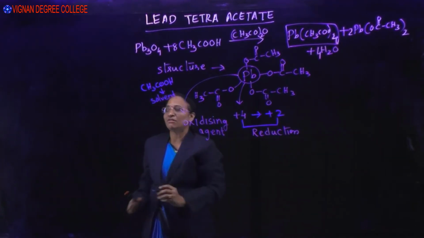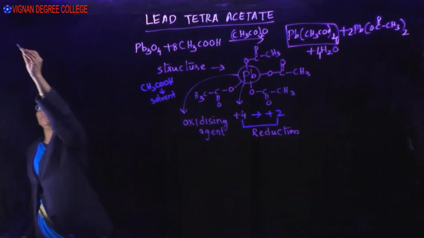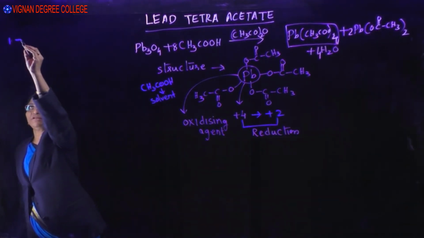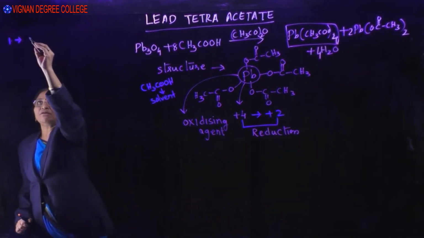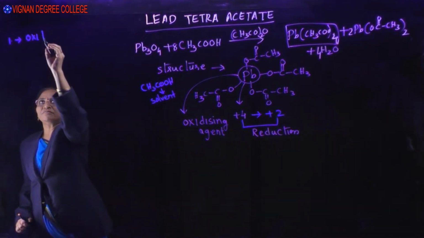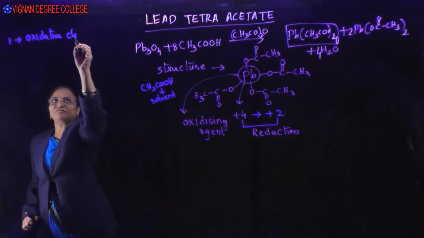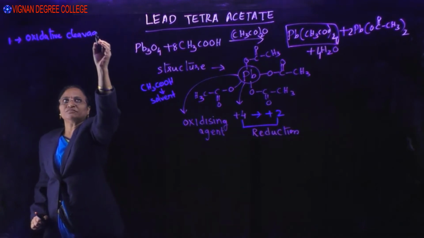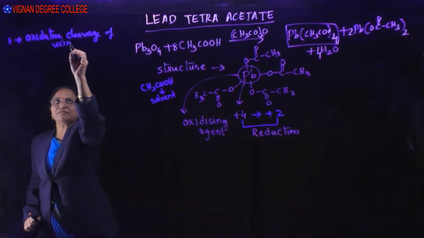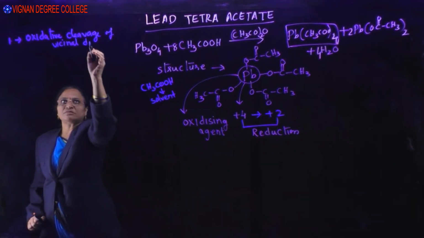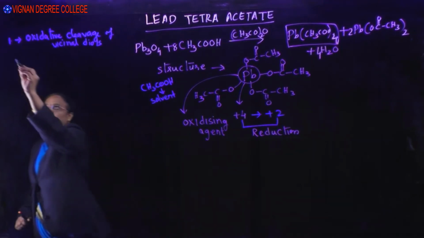The various oxidations that are possible by using lead tetraacetate are, the first one, the oxidative cleavage of vicinal diols.